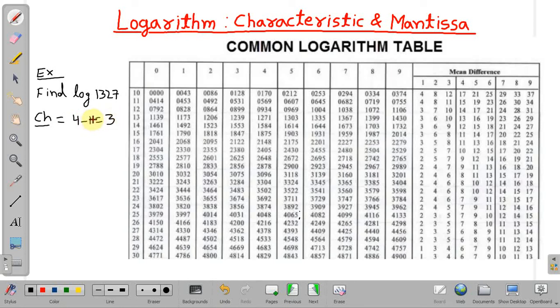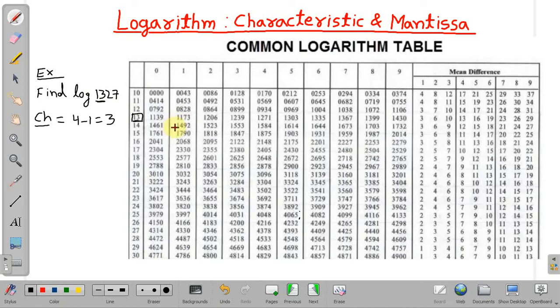Now we have to find the mantissa and we have to use this log table. So first we take the left two digits, that is 13. So we look for 13 in this row. Okay, this is our 13. If you are not able to see properly, improve the quality of the video, then you will be able to see.